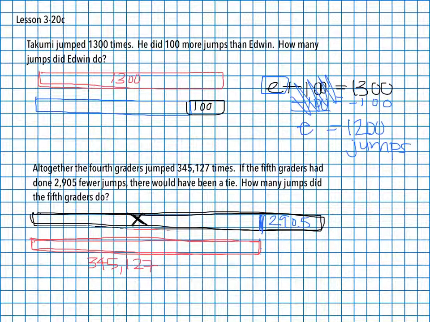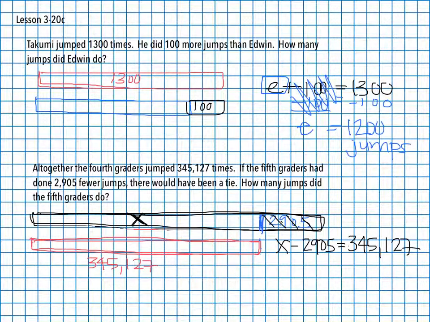Well, when we look at this right here, we're going to set up our situation equation to look like this. We're going to have x, and remember we're taking this away, so it's going to be x minus 2,905 is equal to 345,127.